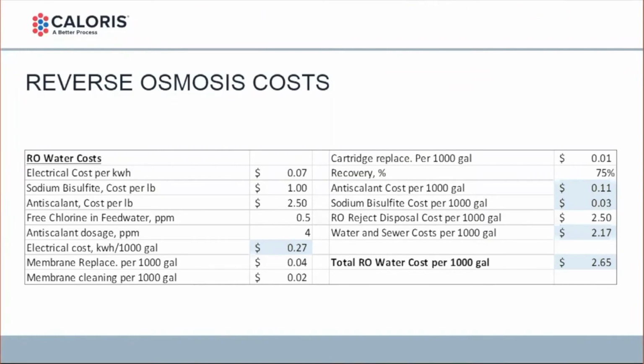Sodium bisulfite is 3 cents per 1,000 gallons. Using the reject disposal cost of $2.50 per 1,000 gallons, we arrive at a water and sewer cost of $2.17 per 1,000 gallons. So add it all up, the cost to run that RO is $2.65 per 1,000 gallons.